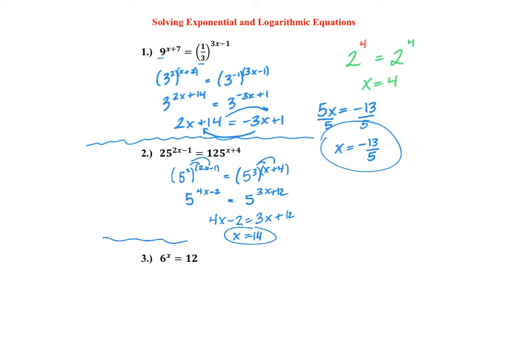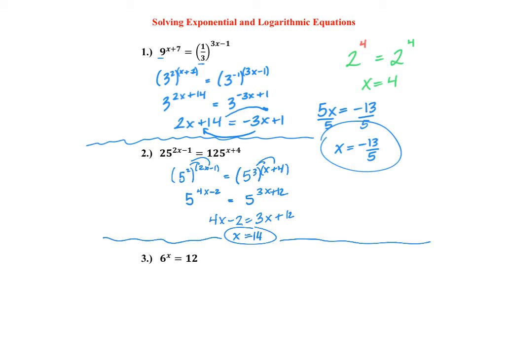All right. One more, same strategy. Our goal is to break the bases down so that they are the same. So when I look at the 6 and the 12, well, that gets kind of confusing. There's no way that I can write 6 and 12 with the same base. Well, we just learned a little bit about using a logarithm, and you can use a logarithm when you have a variable that's in the exponent because logs are equal to exponents.